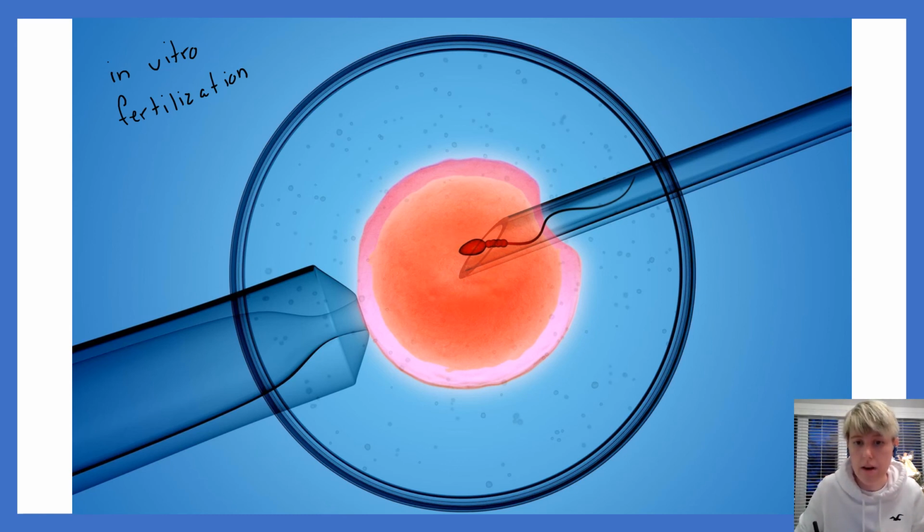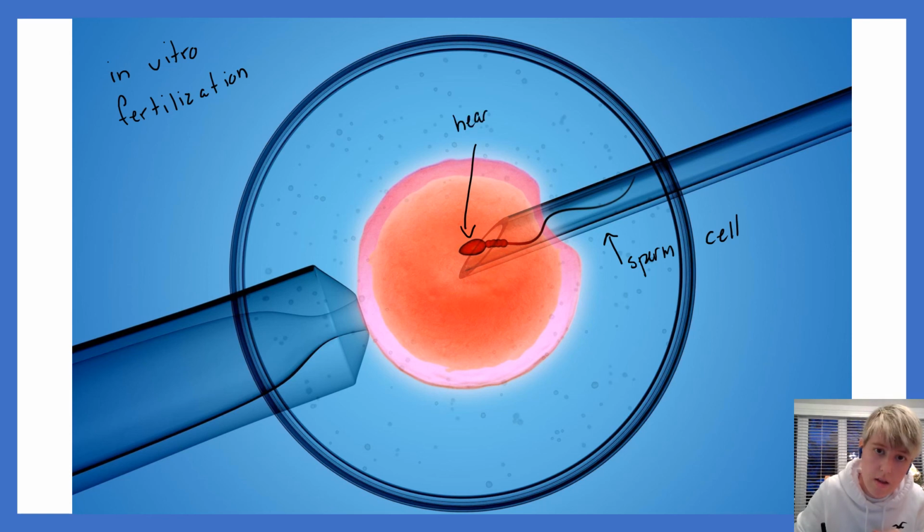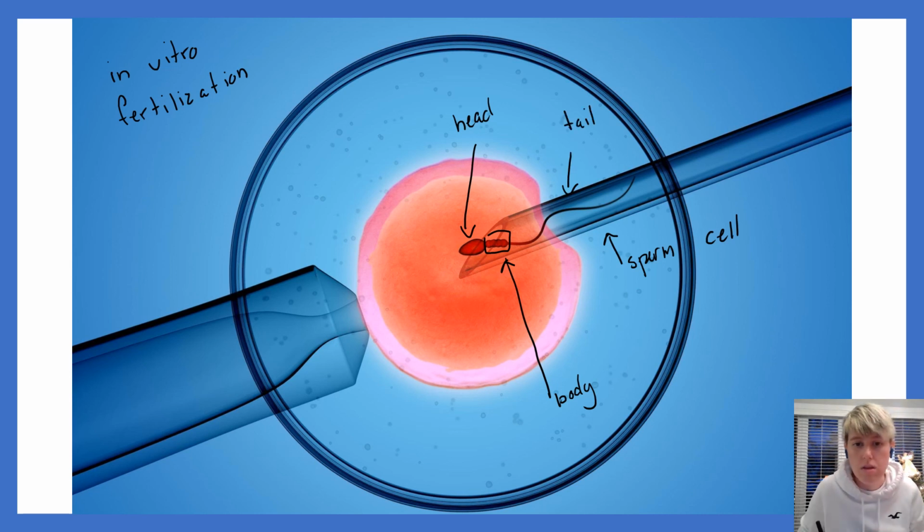We can see right here we have our individual sperm cell. Here we have the head. Here we have our body. And this component right here is our tail, being inserted into an ovum.